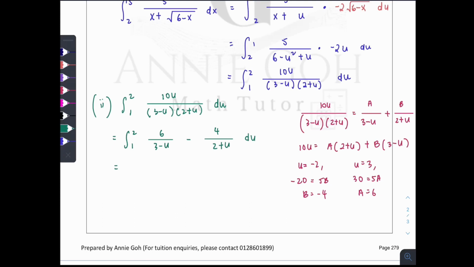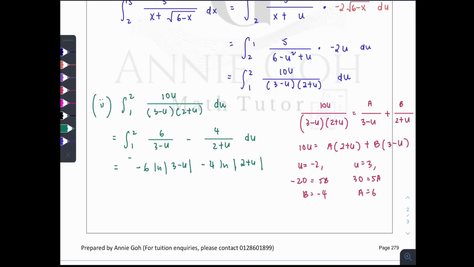To integrate 6 over 3 minus u, we will have negative 6 ln(3 minus u). And to integrate the second term, we should have negative 4 ln(2 plus u). So for this one, you have to integrate it by using ln. In case you can't remember how to integrate using ln, you can refer to my previous video as well.